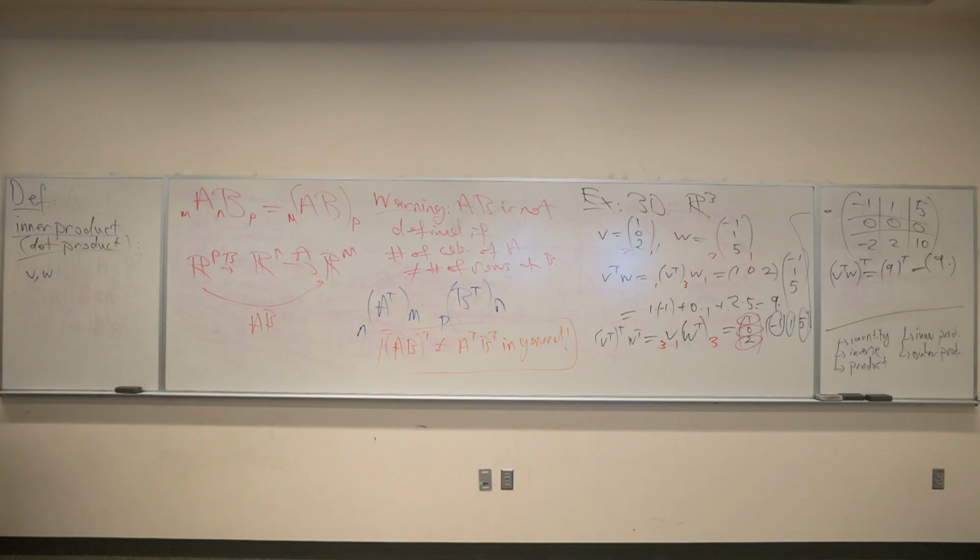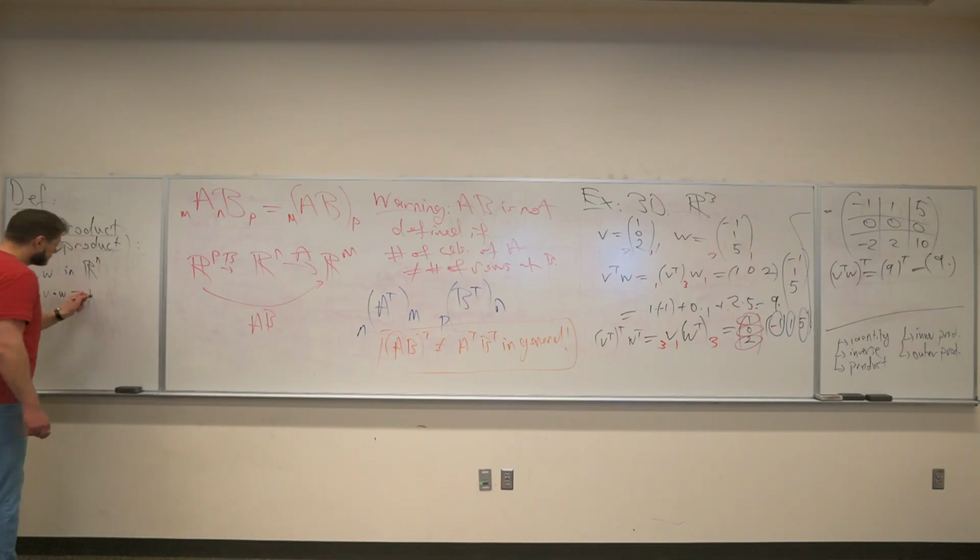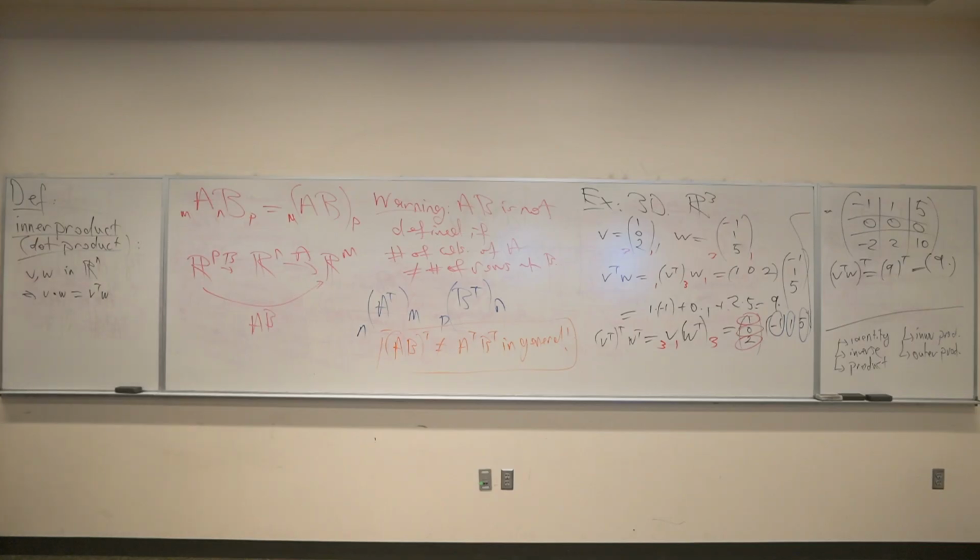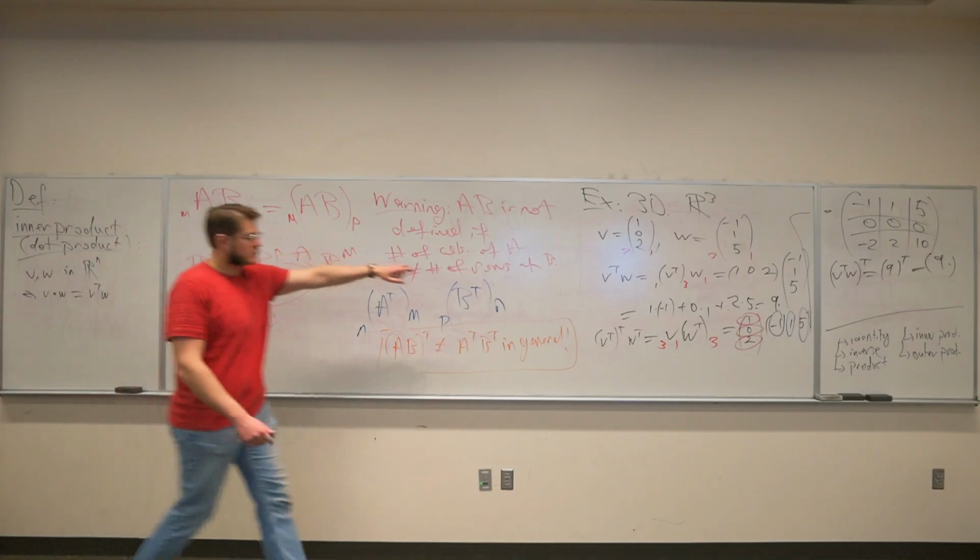If I have two vectors in the same space and dimensions, then this dot product or inner product, V dot W, is V transpose W. So what I computed here was a dot product.